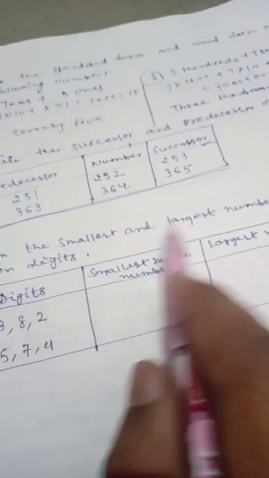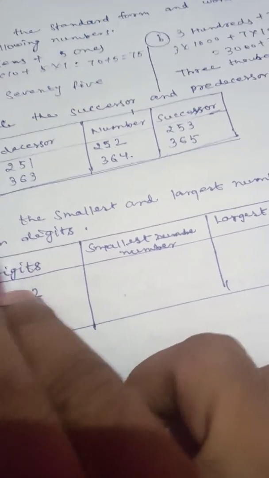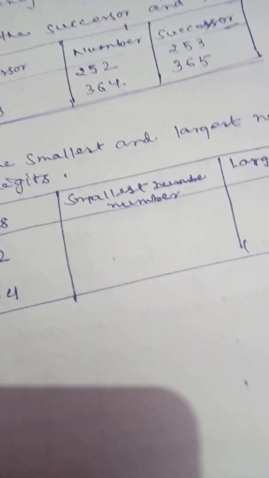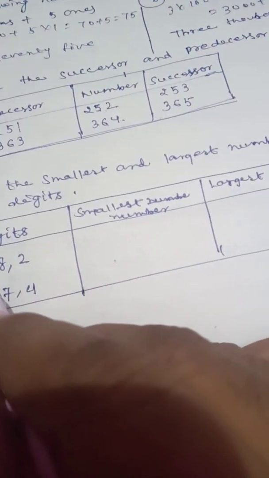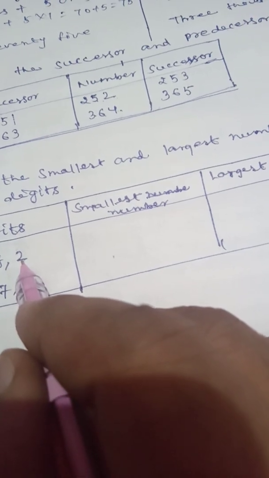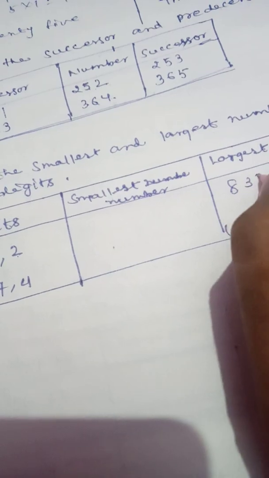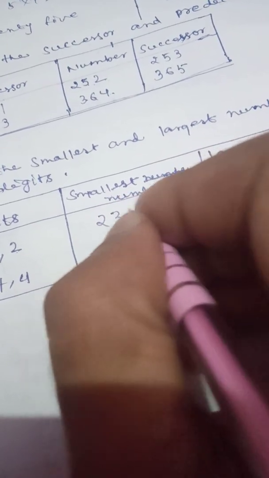Form the smallest and largest numbers using the digits. We have to form the smallest and the largest number using the given digits here. So when we use 382, we can make largest number as 832 and smallest number after using these digits is 238.